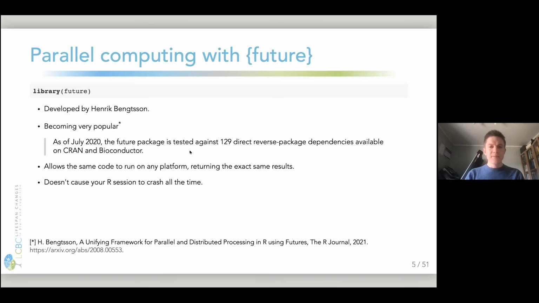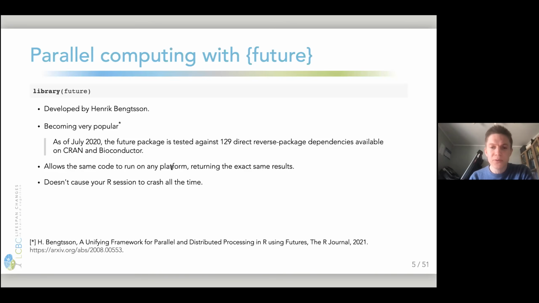For those of you who have done parallel computing in R previously, for example with snow and the parallel package, you might wonder why you would want to use future. Some of the advantages of future compared to those other packages is that they allow the same code to run and return exactly the same results, no matter which platform you run it on.